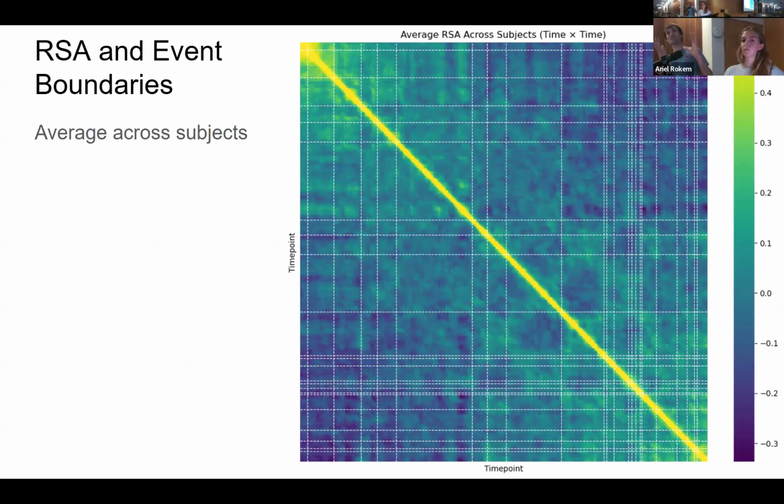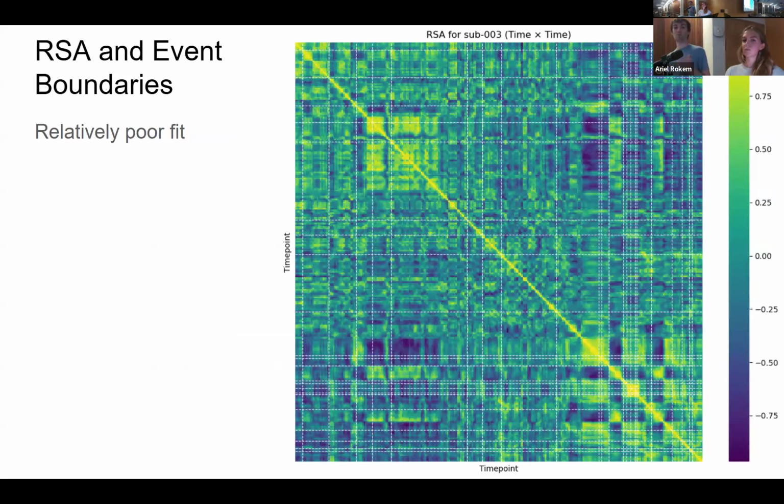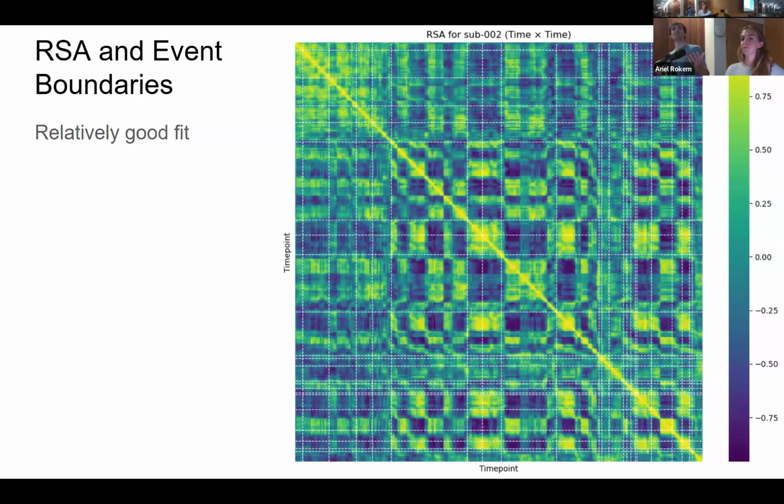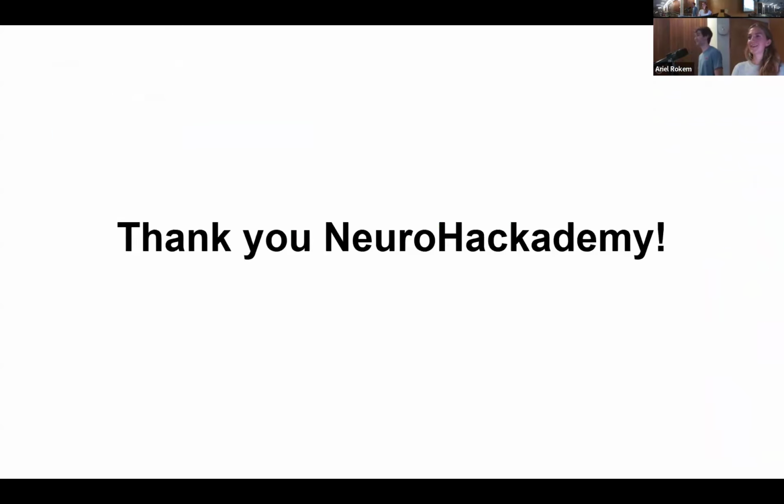It's not too obvious at the average across all subjects level, and part of that is because it fits relatively poorly for some subjects. But then you can see for other subjects that there can be relatively good fits, where if you look at this in detail, most event boundaries line up with pretty clear squares or groups of squares, which is honestly a lot better than I expected. So yeah. Thank you.